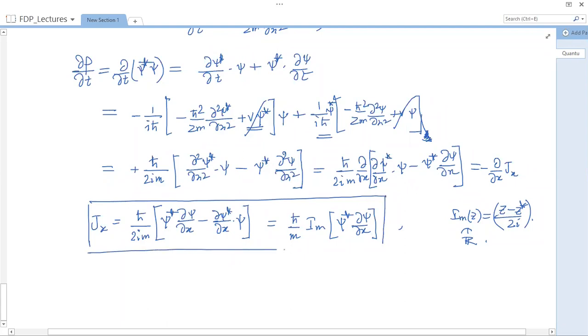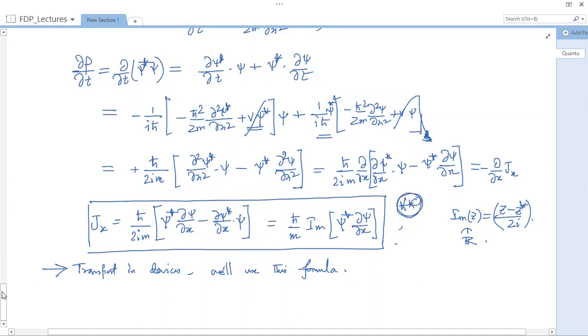for current density. Why all of this is necessary: because when we try to derive the transport in devices, we'll use this formula. This is a very important formula, and the idea behind it is, again, a probabilistic viewpoint.